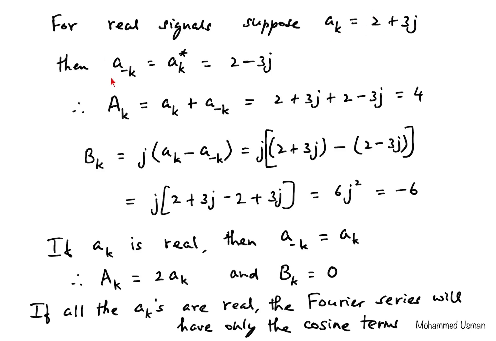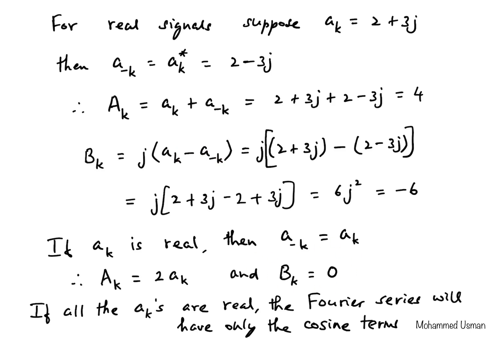Then the complex conjugate, which is A minus K, is also 2. So A minus K will become equal to AK. And therefore, the capital AK term will become AK plus AK, because A minus K and AK are the same, which is 2 times AK. And the capital BK term, which is AK minus A minus K, because they are both the same, we get 0 for that.